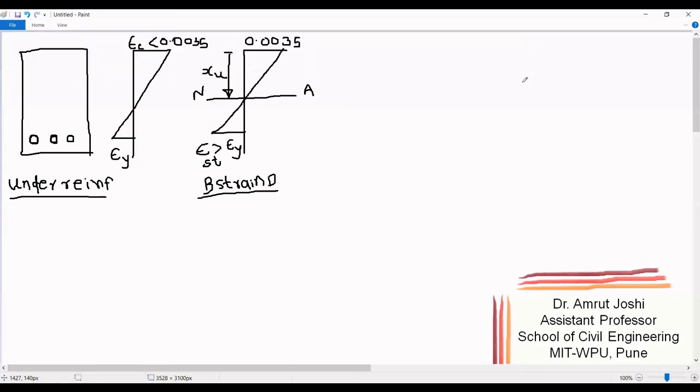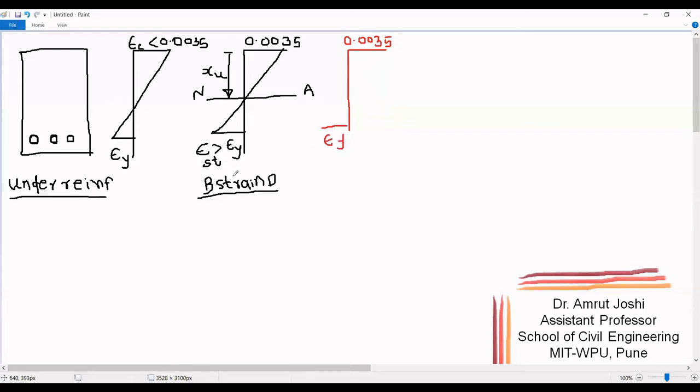So for refreshing the earlier concepts, I will draw the bending strain distribution diagram at failure if this cross section had been designed as a balanced section. As per the definition of a balanced section, extreme compression fibers would reach the ultimate strain of concrete in compression simultaneously when the steel reaches its yield strain.